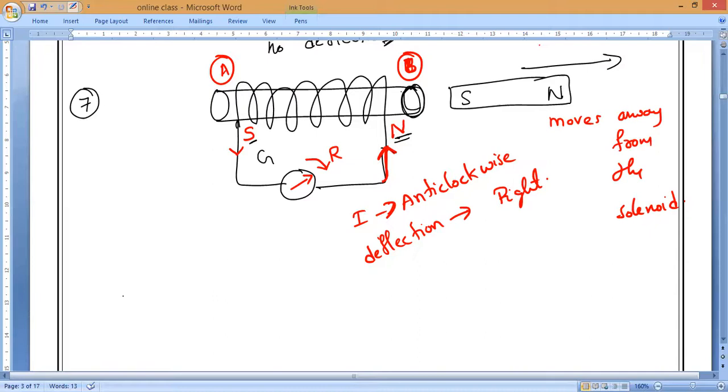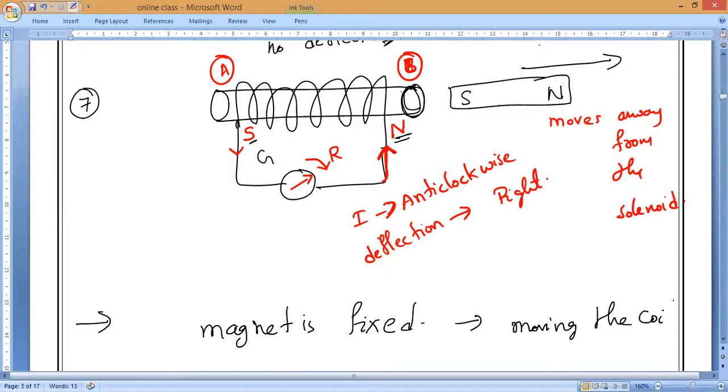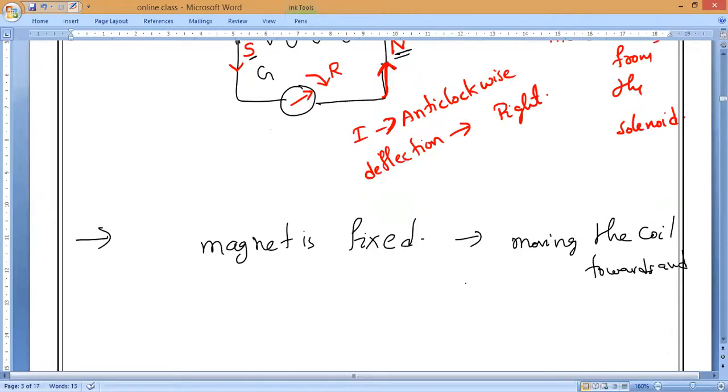Or else, if we demonstrate the same experiment with the magnet fixed and the solenoid moving, moving the coil towards and away from the magnet, then also it will show the same deflection.